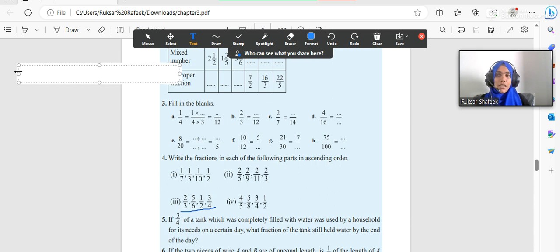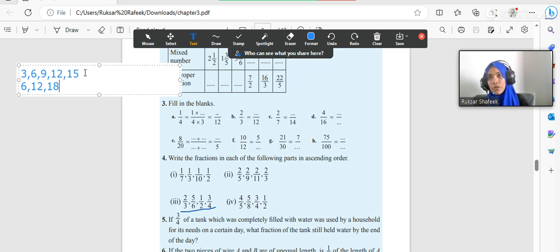Either you can list out the multiples of 3. So 3, 6, 9, 12, 15. I'm going to list out a few. And then for 6, you have 6, 12, 18 and so forth. I'm just going to list a few more.